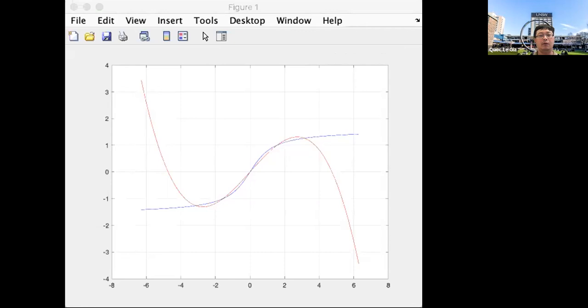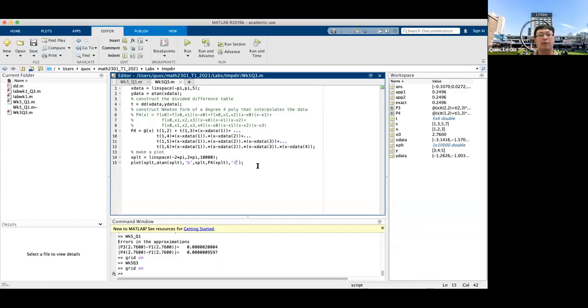How do I plot the data points? I can plot the data points by typing this command. Hold on. This means that I want the figure to still be there.